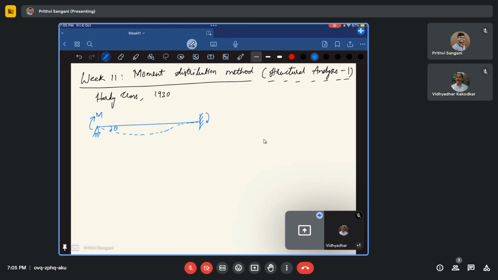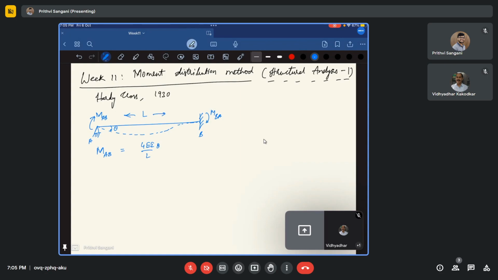In the last session we have derived these things, right? Let us say this is A and this is B. I'll call this MAB, and this is MBA. We have derived what MAB is in terms of theta. What is it? With the span L, MAB is 4EI by L times theta.